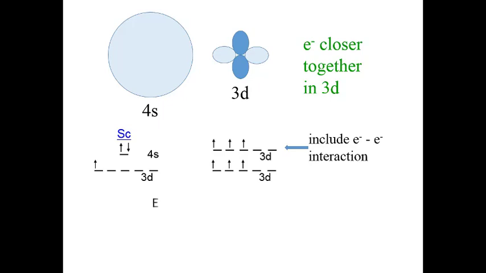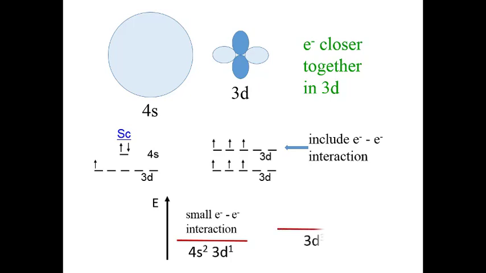It might be better to think about the 4s2 3d1 state as having a total energy that comes from the orbital energies and a smaller amount of electron-electron interaction. And compare that with the 3d3 state with a total energy from the orbital energies and a greater amount of electron-electron interaction.